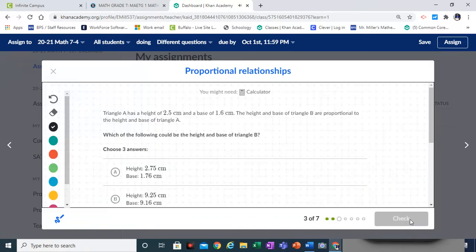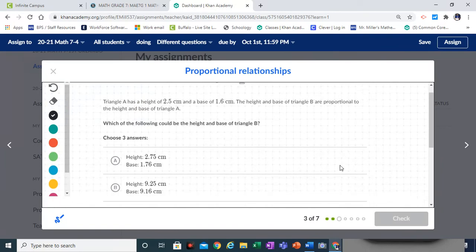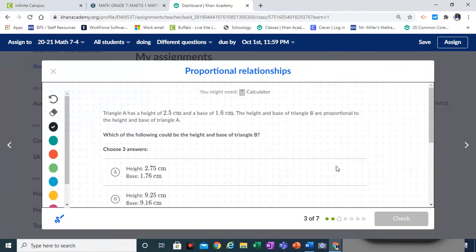All right, let's do one more question. So for this question, they want you to figure out, again, it's proportional, the base and the height. It says triangle B2 divided by triangle A. So in this case, you have to do B divided by A. And down here are the B values.